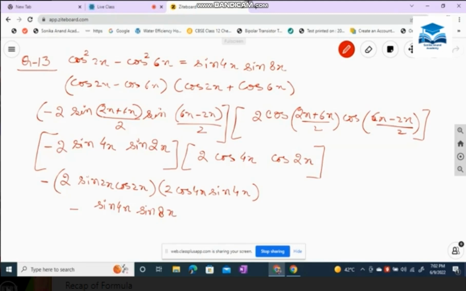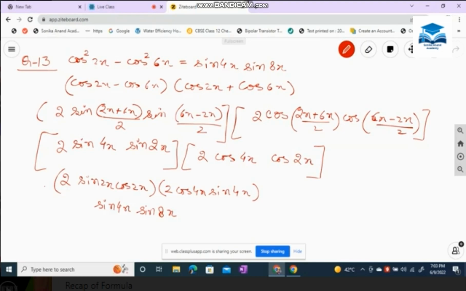So one thing here I explain to you, there's a problem of minus sign. Don't put this minus sign over here. Don't use this method because it creates a lot of confusion.